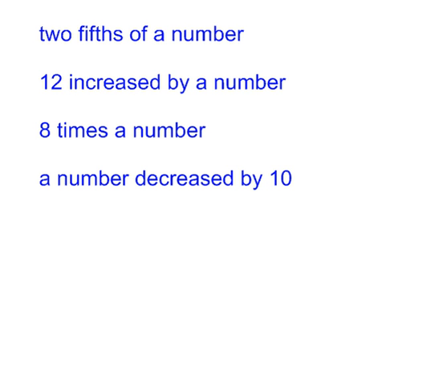Okay, so now we're going to look at translating verbal phrases. And these are all going to be variable expressions because they're all going to have numbers, they're going to have exponents, and they're going to have operations. So the first one that we're going to look at is this one, and it says 2/5 of a number.